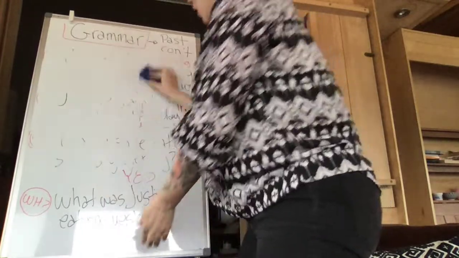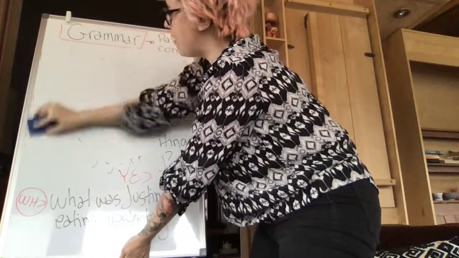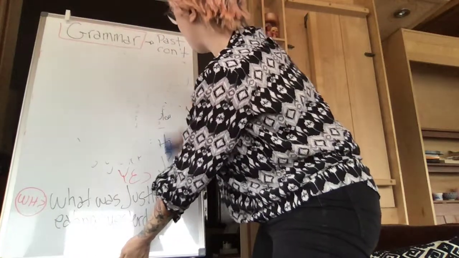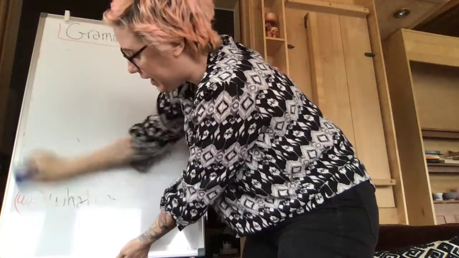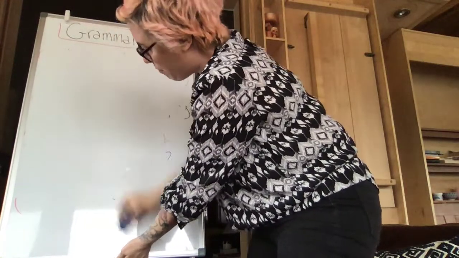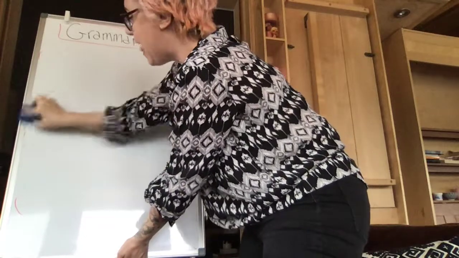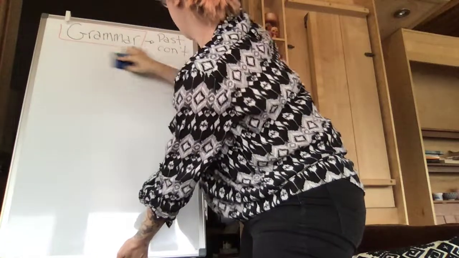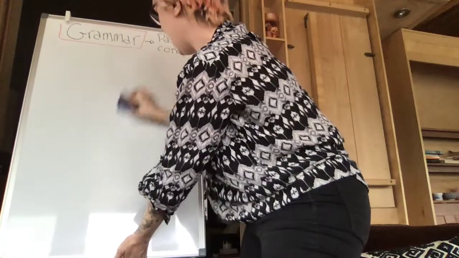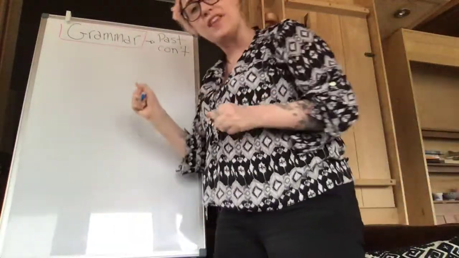Okay, so just to remember, continuous tenses have certain rules, and this is true for all the continuous tenses, not only the past continuous, but also the present continuous, the future continuous, and the present perfect continuous. Okay. And remember, we need to ask ourselves some important questions.